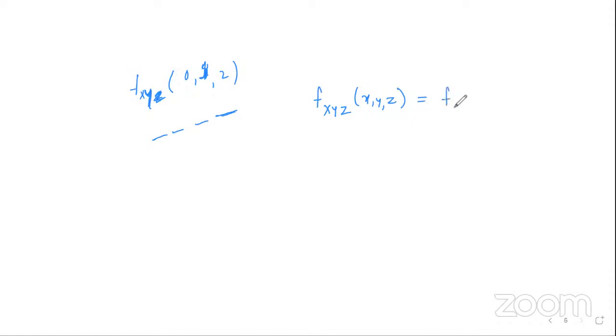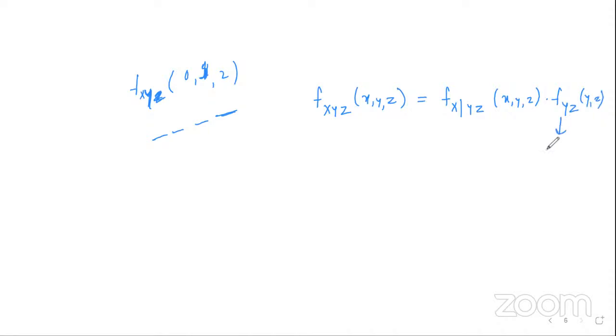So I can condition it on x, let's say x given yz. Let's take it as xyz. So probability of x given yz is f xyz divided by f yz.